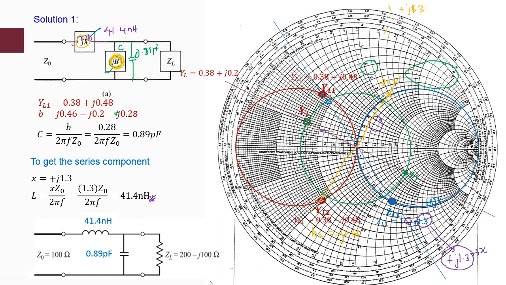This is the current position of ZL. To get it matched, you need to eliminate the imaginary part, so you need to introduce negative j1.3. So your x for the second solution, x2, will be negative. Then refer to the table again: if x2 is negative, what will be the component and what will be the value.